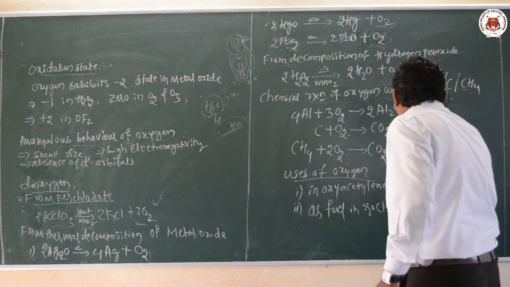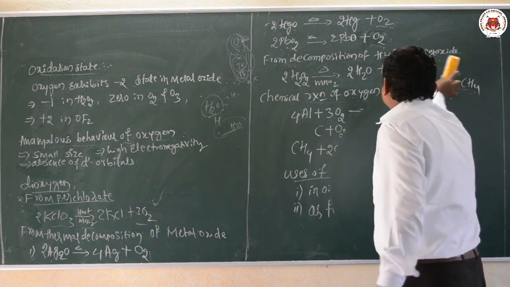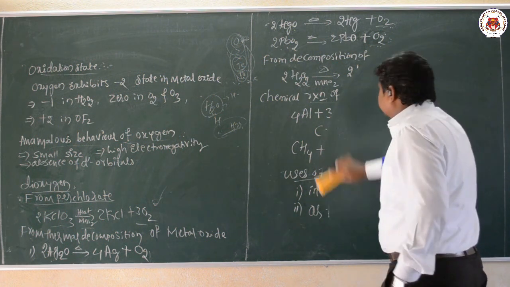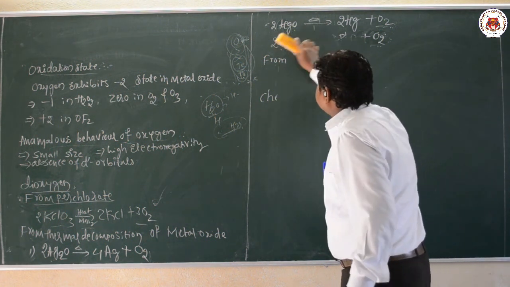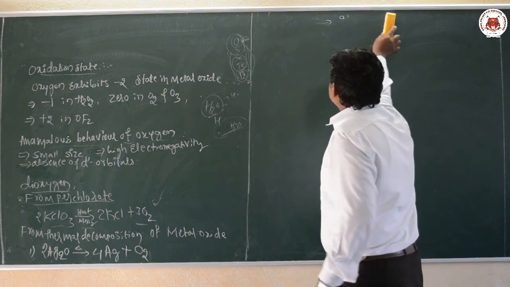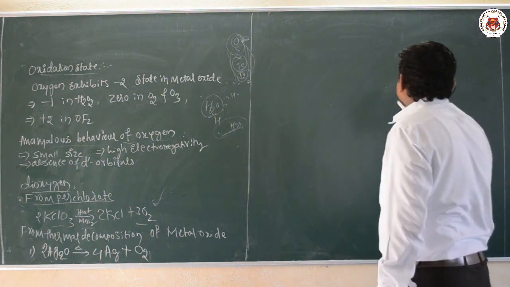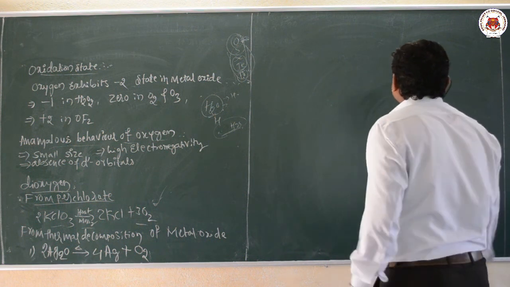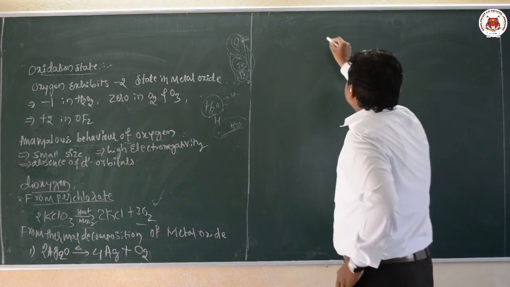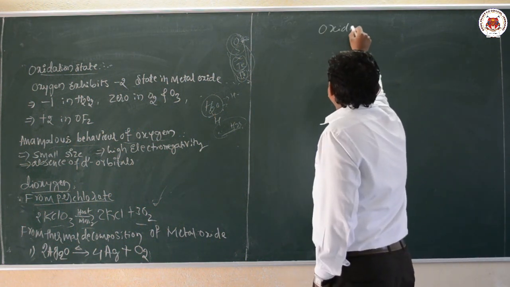Now the next one is oxides of the oxygen atoms. Here we are going to observe the types of oxides: acidic oxide, basic oxide, neutral oxide, and amphoteric oxide. When oxygen reacts with elements, there is a formation of oxides.